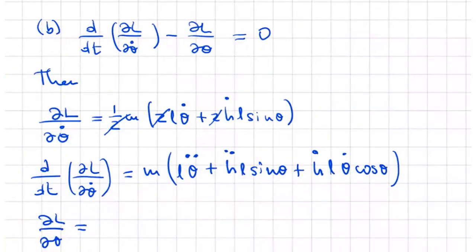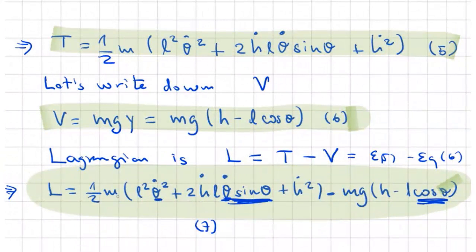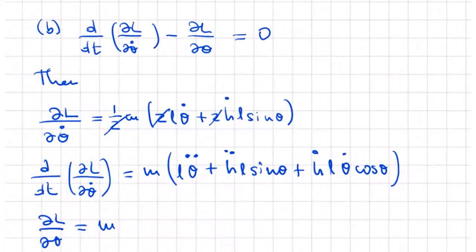So the first term is gonna be m, okay, m h dot L theta dot cosine of theta. Derivative of sine of theta is cosine of theta. So this is going to be m h dot L theta dot cosine of theta.